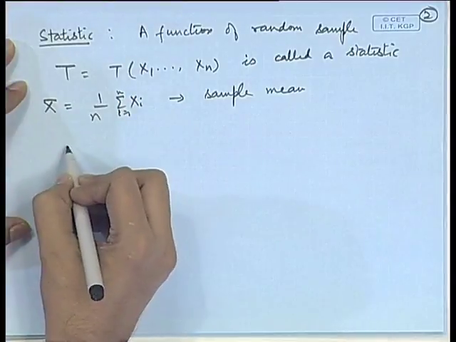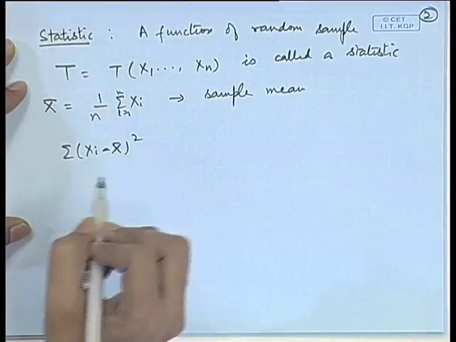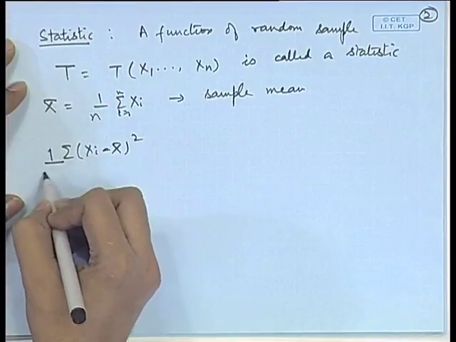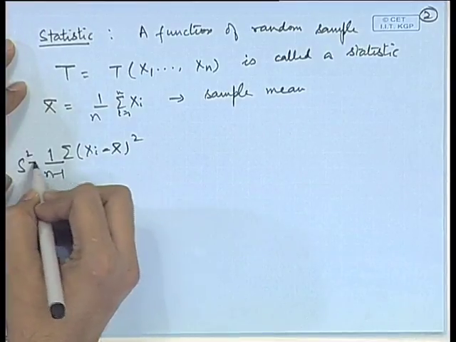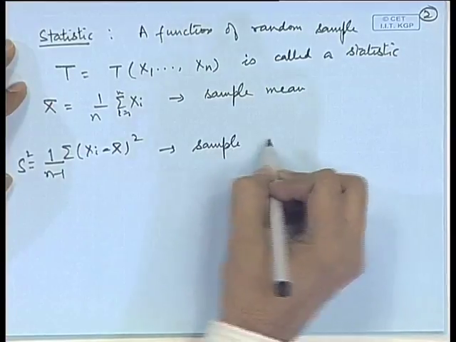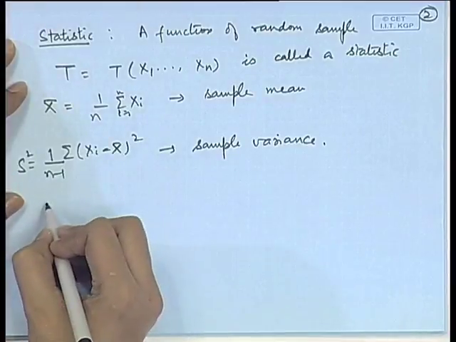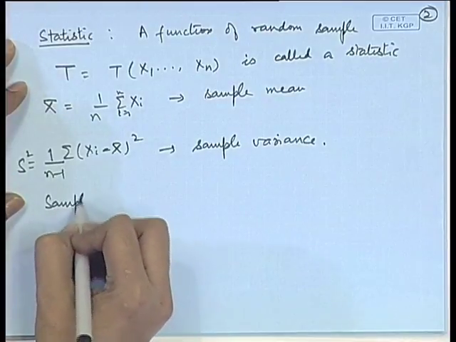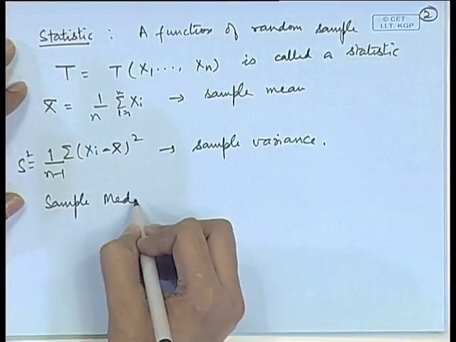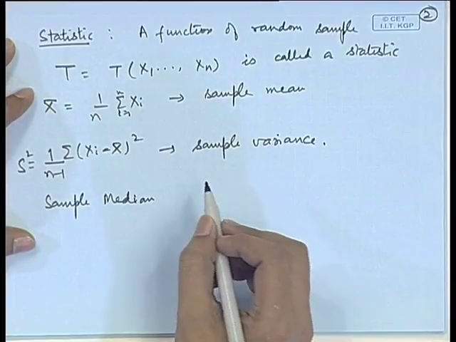We may consider the sum of squares of deviations from the mean. We may consider 1 by n minus 1 of this, which we usually denote by S square, that is the sample variance. We may be interested in the sample median. We have already talked about order statistics, so that is also a statistic.